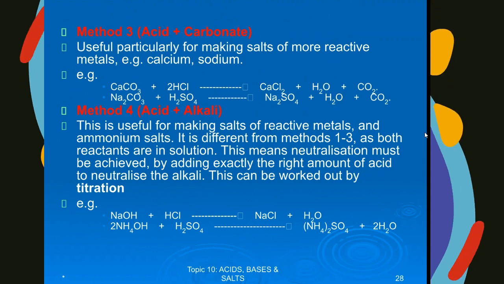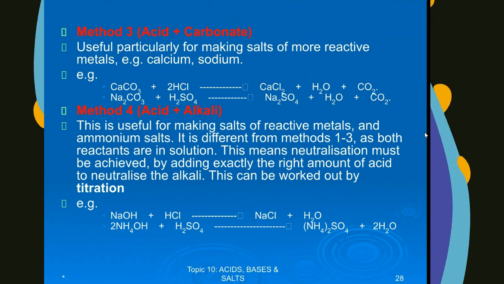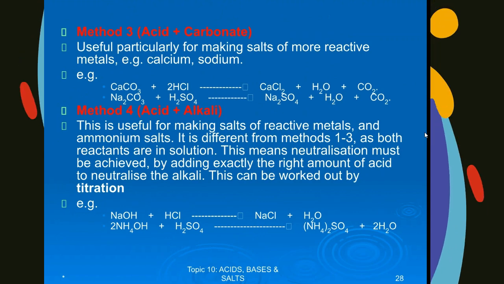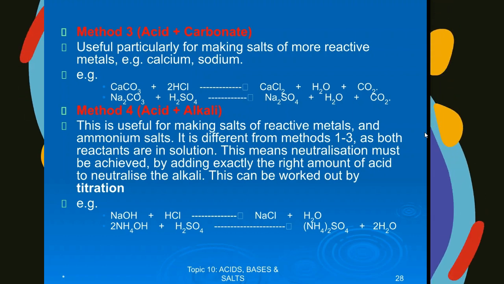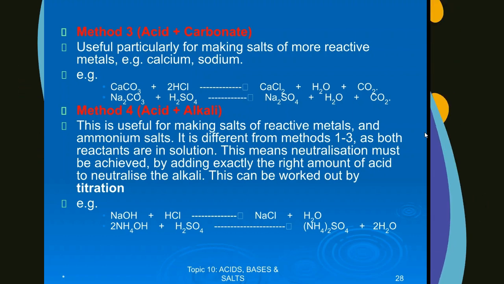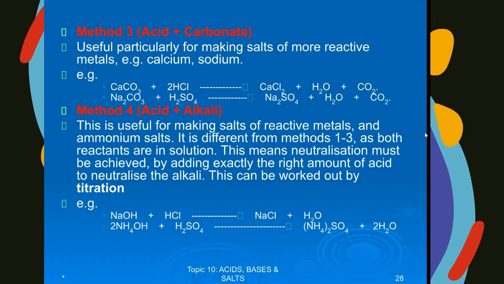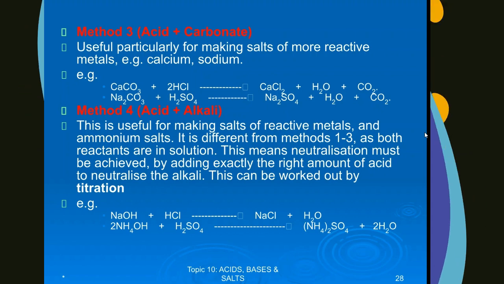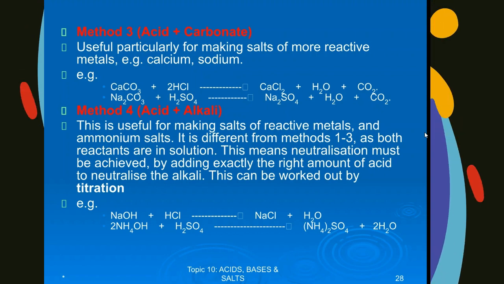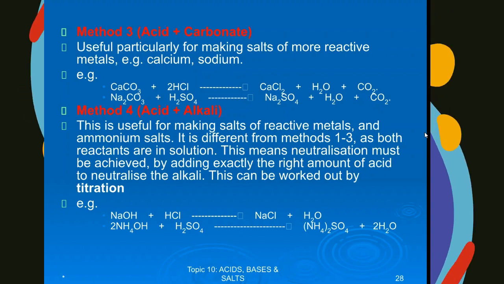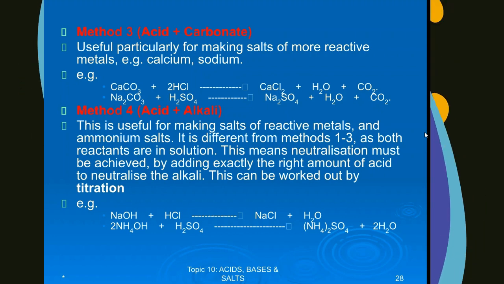Now, method 3, acid plus carbonate, is useful particularly for making salts of more reactive metals, for example calcium and sodium. We have CaCO3 plus 2HCl, which gives rise to CaCl2 plus H2O plus CO2, that is carbon dioxide as gas. Then Na2CO3 plus H2SO4 gives rise to Na2SO4 plus H2O plus CO2.